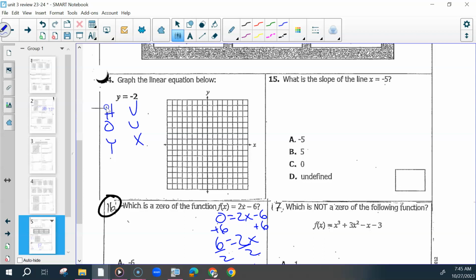Horizontal. So on your y-axis, plot a point at -2. Draw a horizontal line through it. Wait, isn't that X? Because X is usually. This is your x-axis, but you would do a vertical line on it.